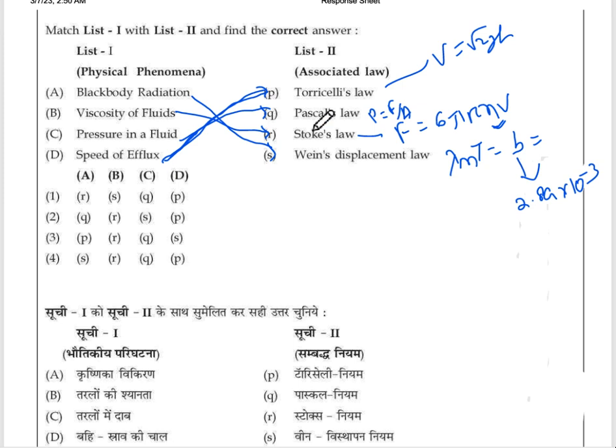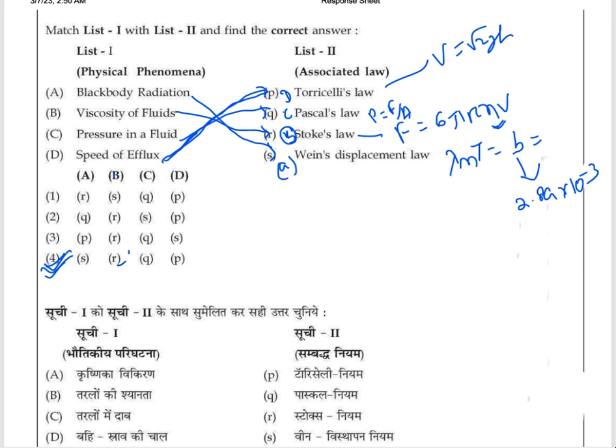A, black body radiation, is related to the first one. Viscous, which is B, is related to this one. The third is related to C, and this is related to D. So I can say A is associated with S, B is associated with R, C is Q, D is P, which is option 4.